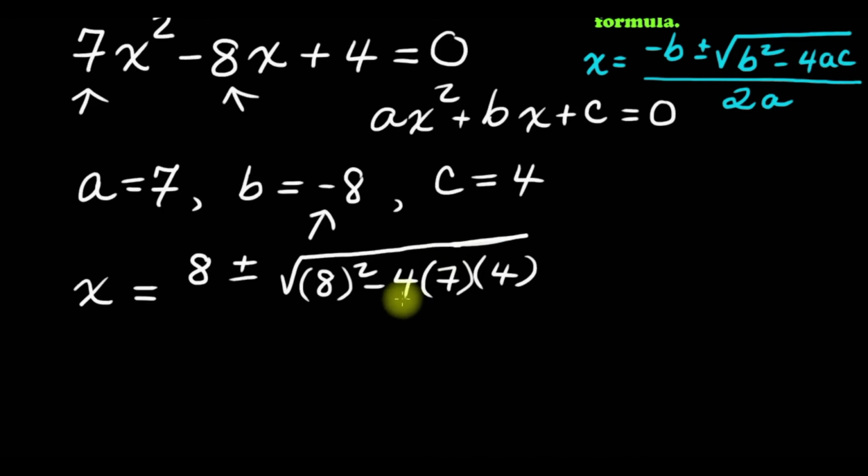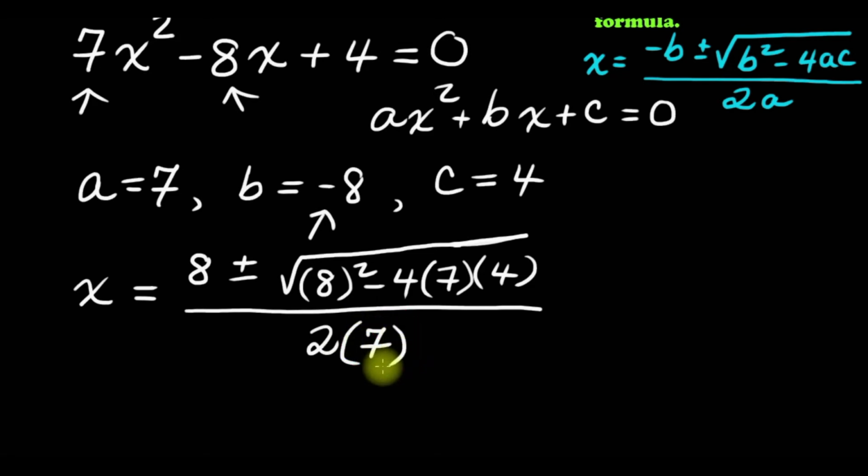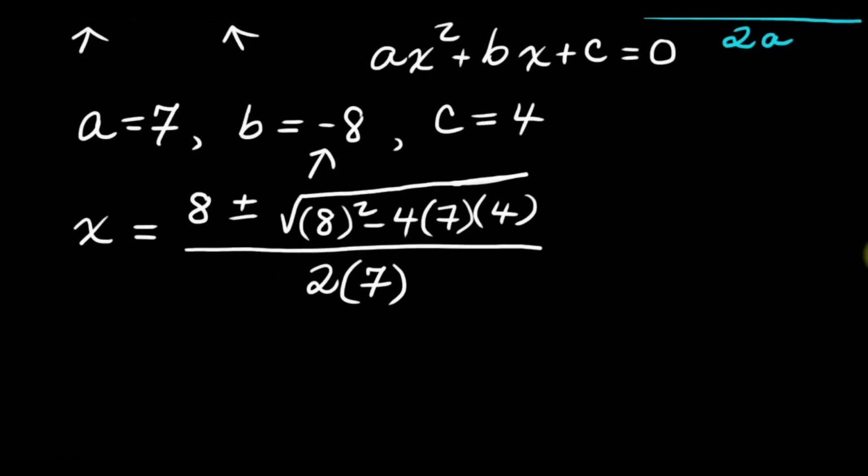Alright, so this is negative 4 times ac, and that whole thing all over 2 times a, and a is 7 for this one. Alright, so that's how you complete step 2.